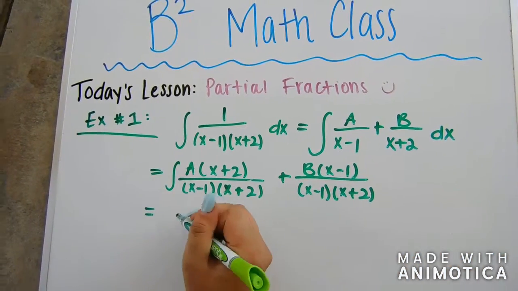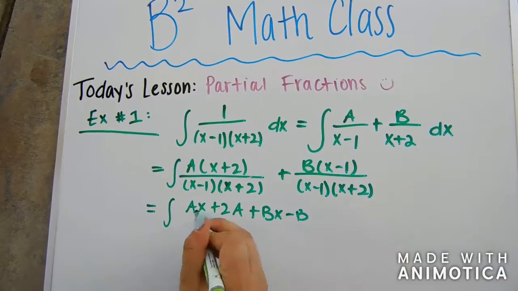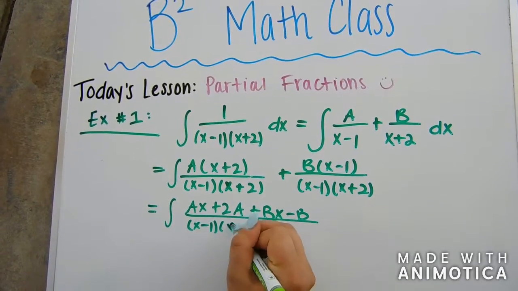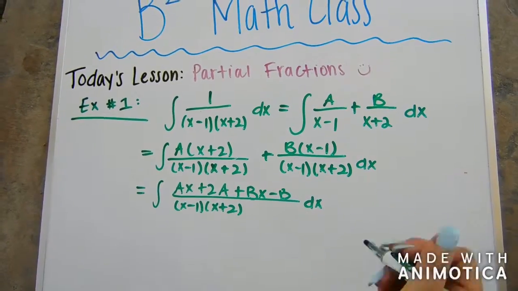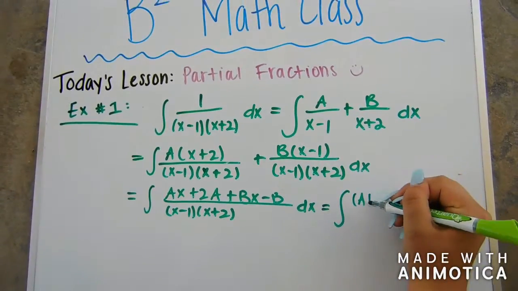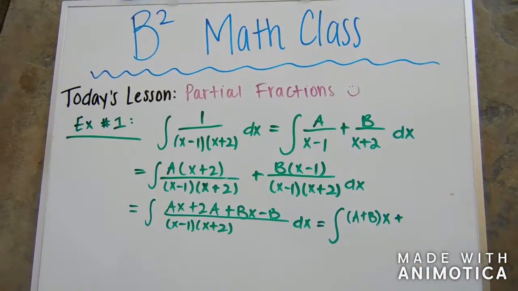Then we're going to go ahead and cancel out terms, and then we get a simplified equation of the integral of Ax plus 2A plus Bx minus B over (x minus 1)(x plus 2) dx.